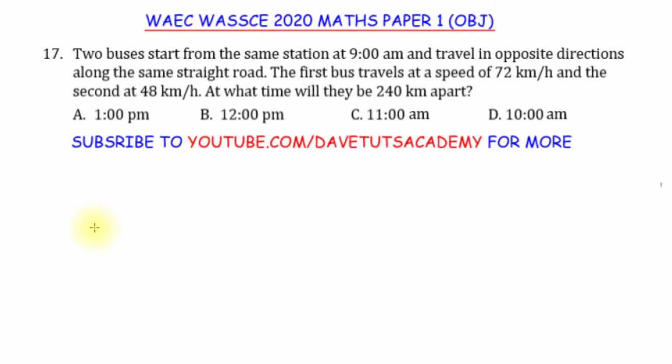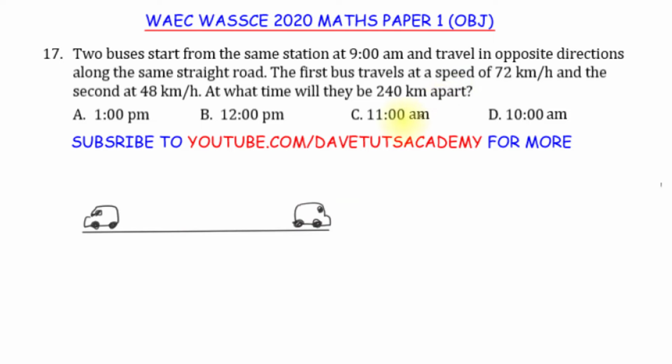Here, if we have the straight road, and we have two buses, that's a small representation, and then the other bus moving in the other direction. Let's just take that as the representation of our buses.